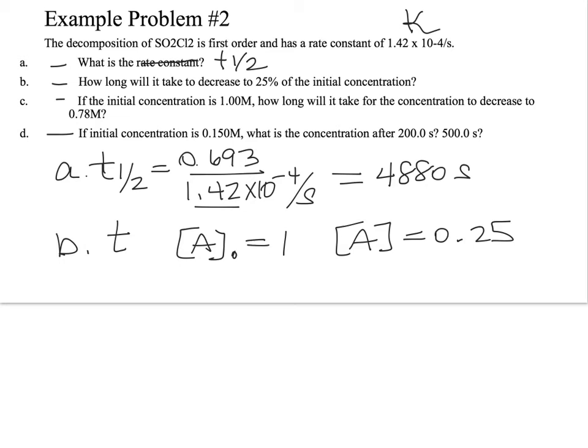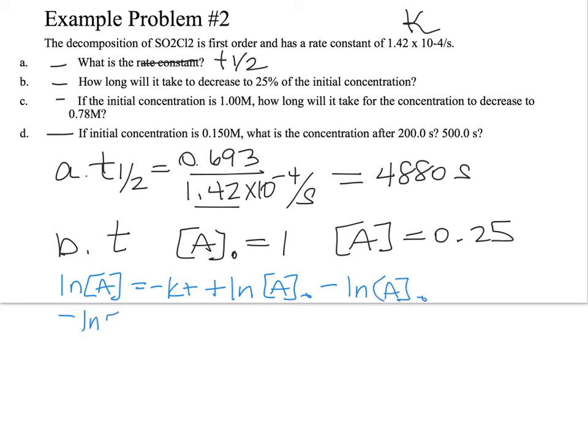All right, so I'm going to rearrange my formula. ln A is equal to negative kt plus ln A sub 0. So I'm going to subtract ln A sub 0 from both sides. ln A minus ln A sub 0, and I could combine those further if I wanted, is equal to negative kt.